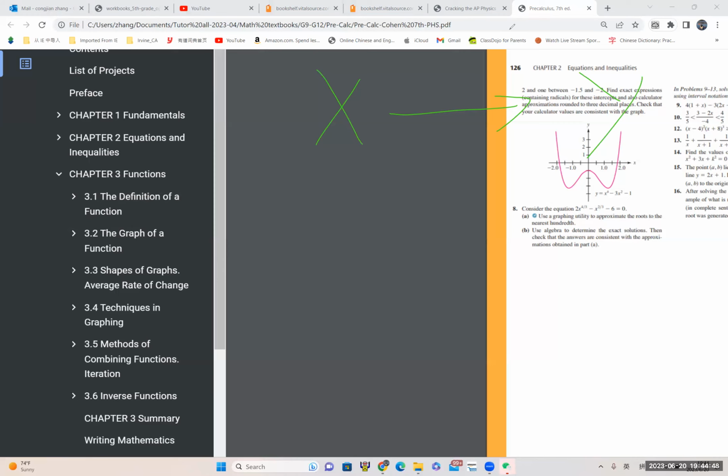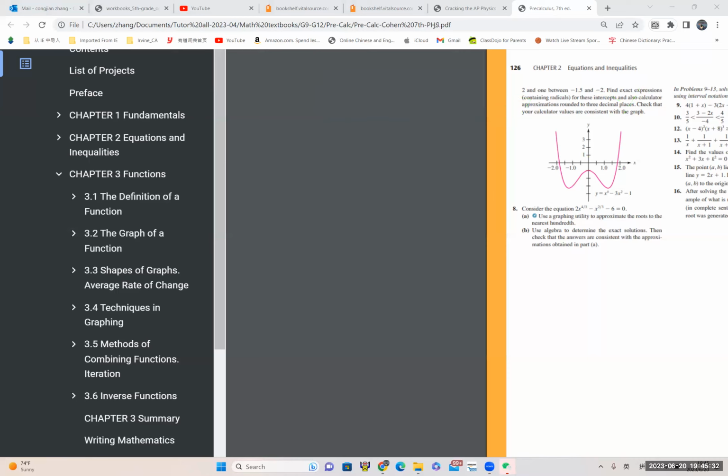A function is a kind of relation, but not all relations are functions. For a function, they should satisfy a special requirement: there is only one output for each input value. One and only one, or exactly one. That's the keyword. If this condition is satisfied, then it is a function. No more requirements, just this condition.